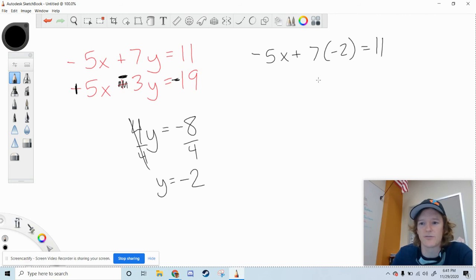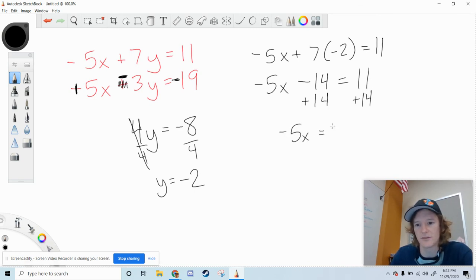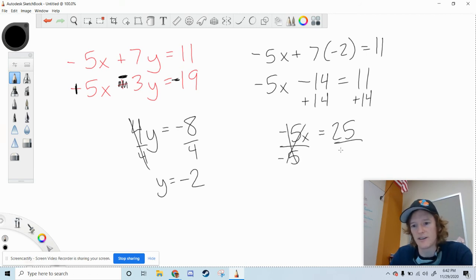Well, 7 times 2 is 14, but it's got to be negative. So negative 5x minus 14 equals 11. Add 14, add 14. Negative 5x equals 25. Divide by negative 5. We get x equals negative 5.